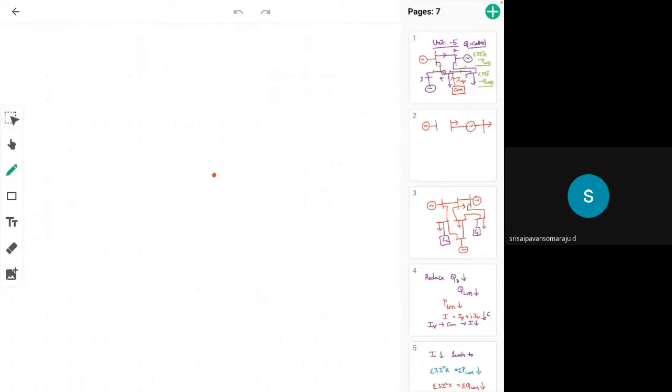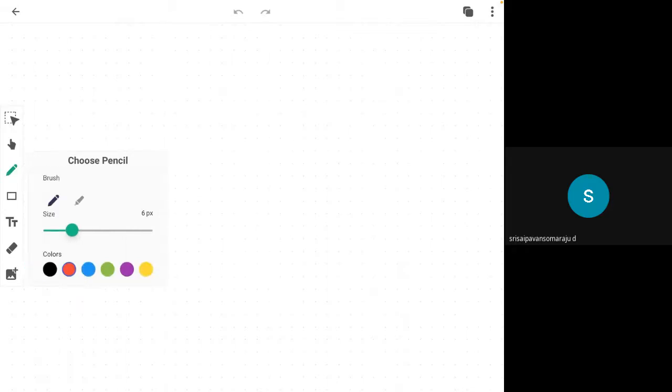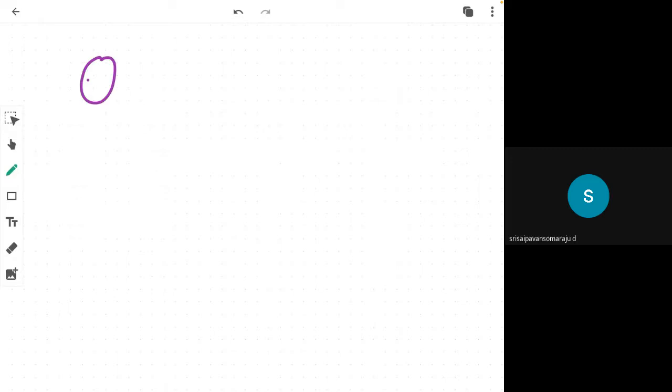So let us have this. In an interconnected power system, you have many generators.